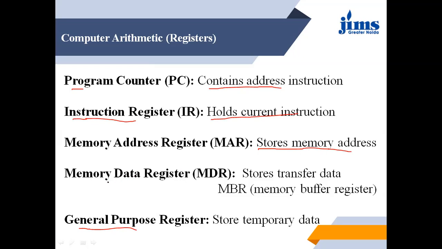Then memory data register stores the data that has to be transferred, or this is also called MBR, that is memory buffer register. The general purpose register is used to store some data temporarily.